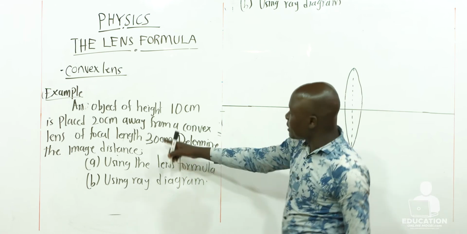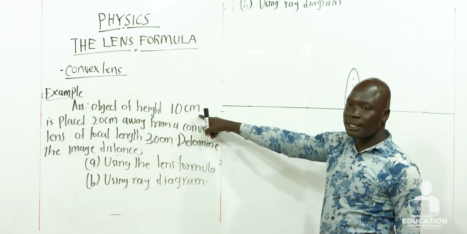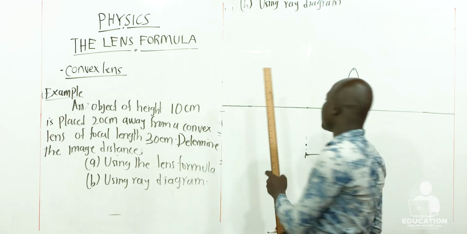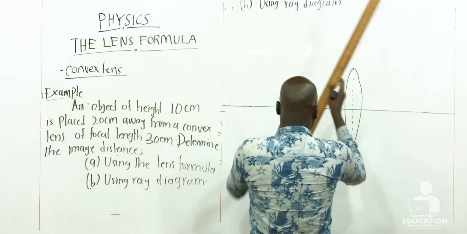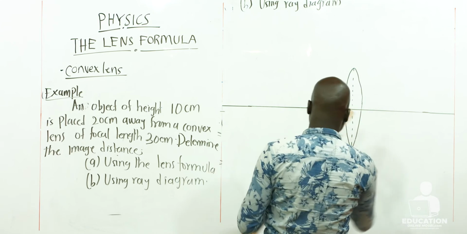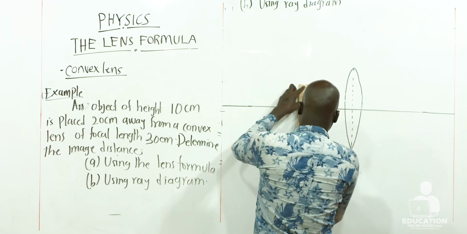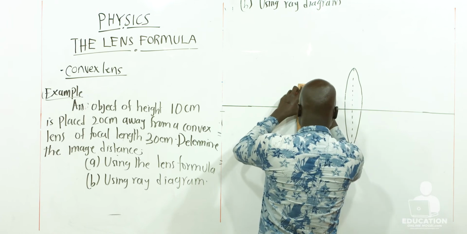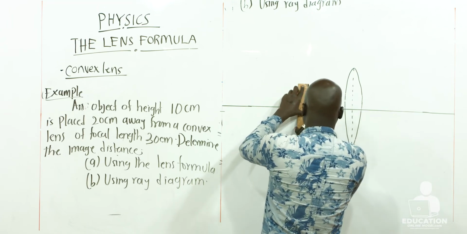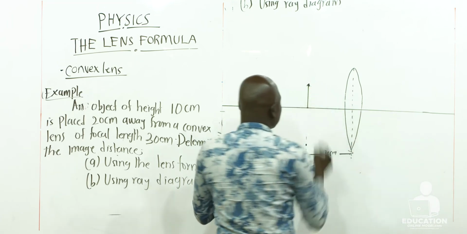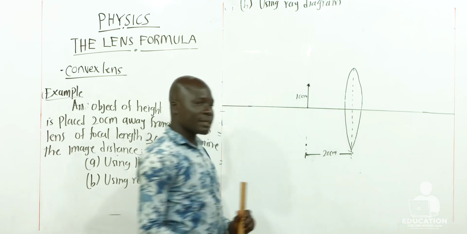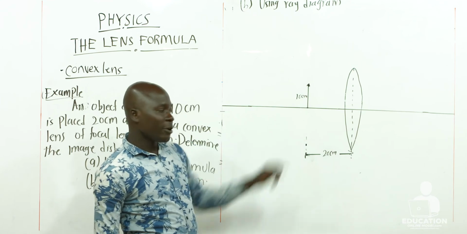Then the question says the object is 10 centimeters high, which means the height of the object should be 10 centimeters. We also measure 10 centimeters using the ruler. This is 10 centimeters. That is the height of the object.